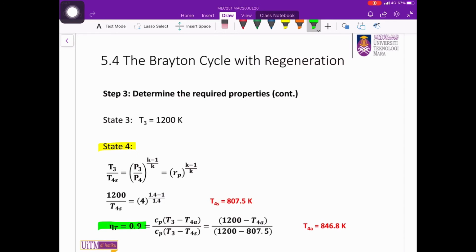Given to us is the isentropic efficiency for the turbine, which is 90%, so we use 0.9. By using the isentropic efficiency formula for the turbine, we can now determine the actual temperature at state 4. Thus, we obtain T4A equal to 846.8 Kelvin.